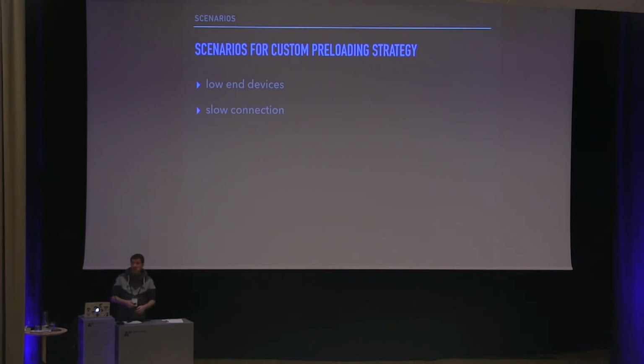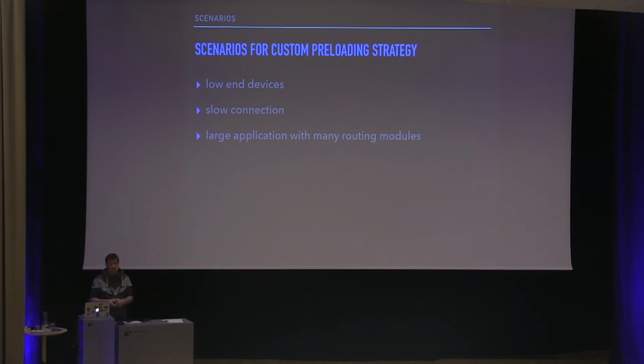And the third thing you may think of when you're going to talk about scenarios for more advanced custom preloading strategies are large applications. For example, if you have a really large application with many lazy modules, you can think about, okay, if I load everything, all of the code I have will be 2, 4, 5, 6, 7 megabytes.